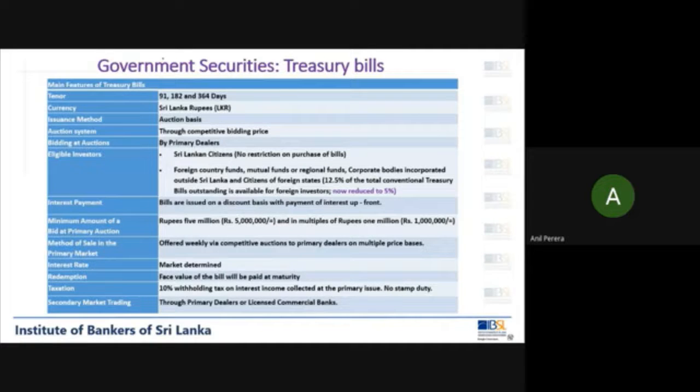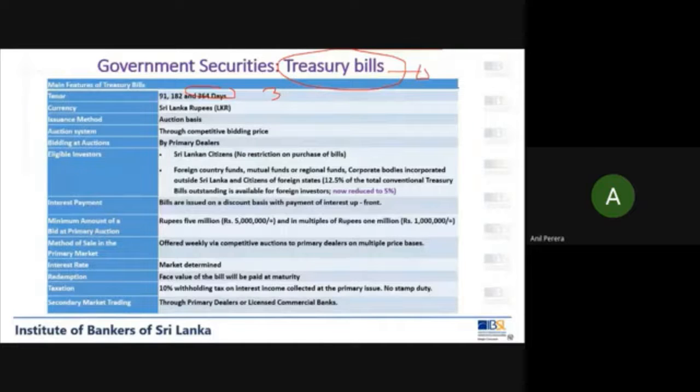Now, the main government instrument in Sri Lanka, treasury bills. Right? Now, treasury bills, as you know, are short-term instruments. The maximum maturity is 1 year. So there are three types of maturities: 3 month, 6 month, 1 year, and these are considered money market instruments.